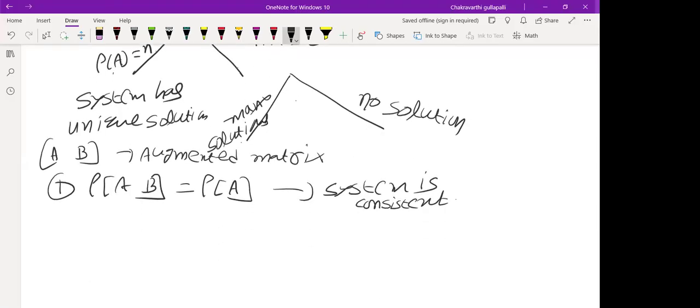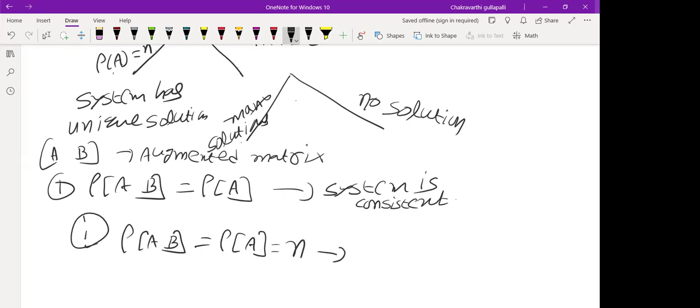Then subcases. Rank of augmented is equal to rank of A is equal to n. N denotes the number of columns of A. The system is consistent and has a unique solution.